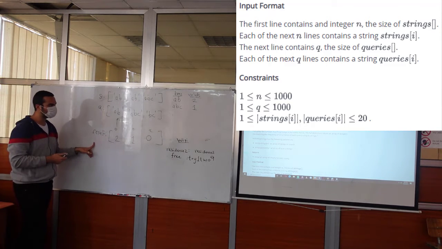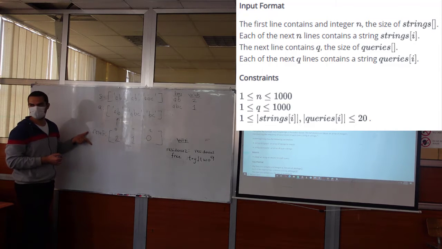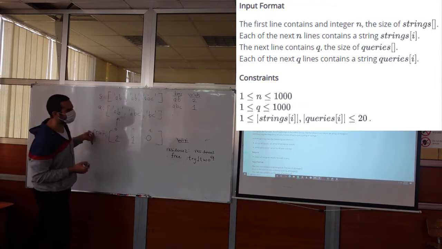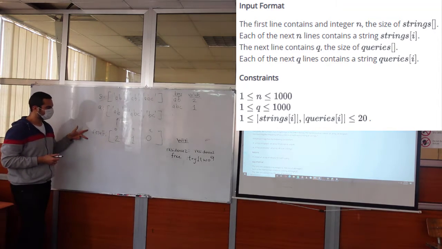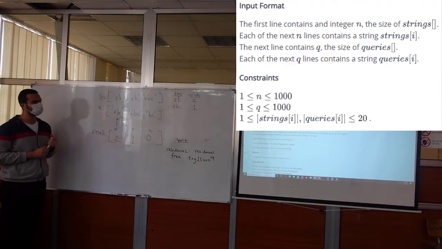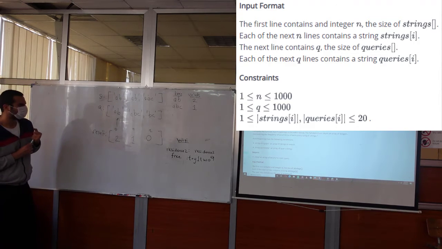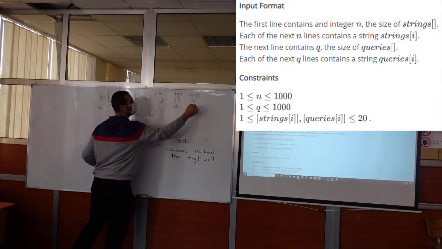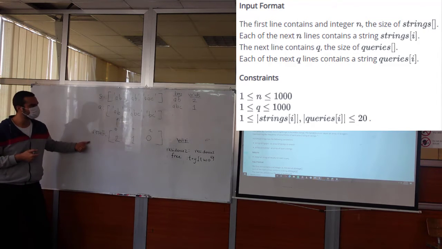And for memory, since we are only using the result array as extra memory, it's also going to be O(n), where n is the number of strings, let's say. And one thing is we are also using a map, so extra memory for the map and the result.